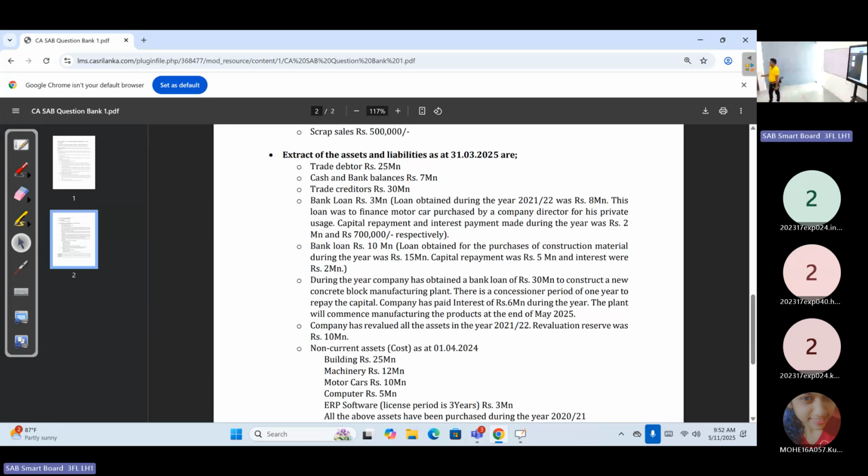The condition is for the purchase or acquisition of an asset, but the asset is not used during the year for the production of income. Therefore, that interest is also not deductible.